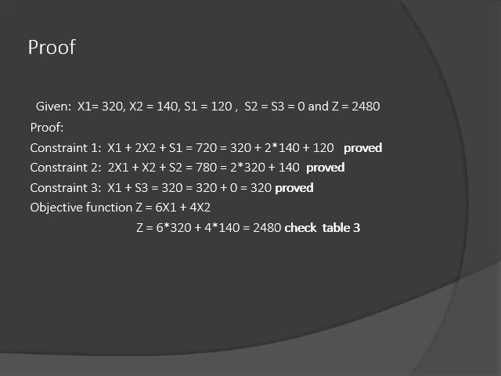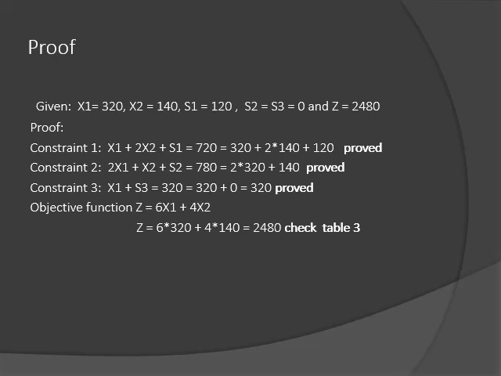So the result is 780. Constraint number 3 states that x1 plus s3 equals 320, s3 equals 0. Then 320 plus 0 equals 320. Proved.